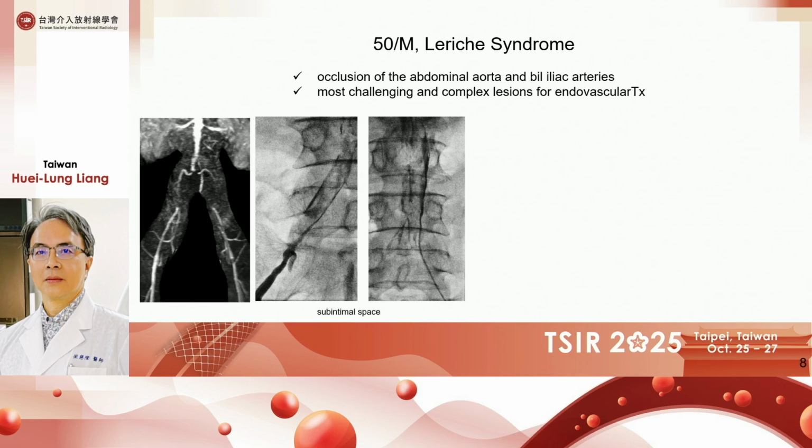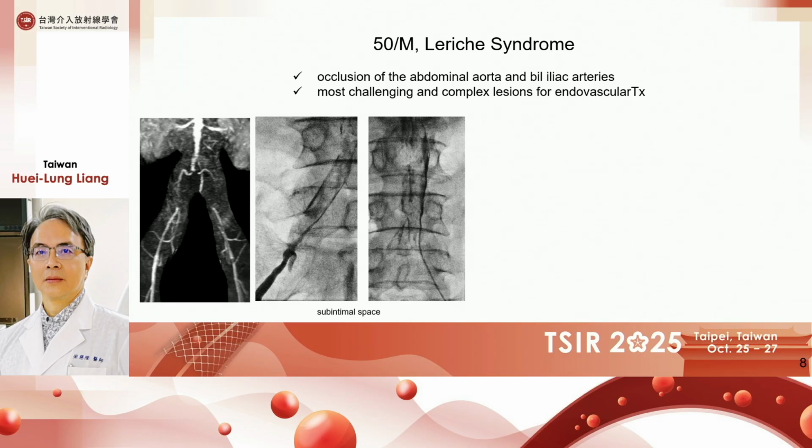This patient had total occlusion of the distal abdominal aorta and the bilateral common iliac artery, the so-called Leriche syndrome, which is the most challenging and complex region for endovascular therapy.